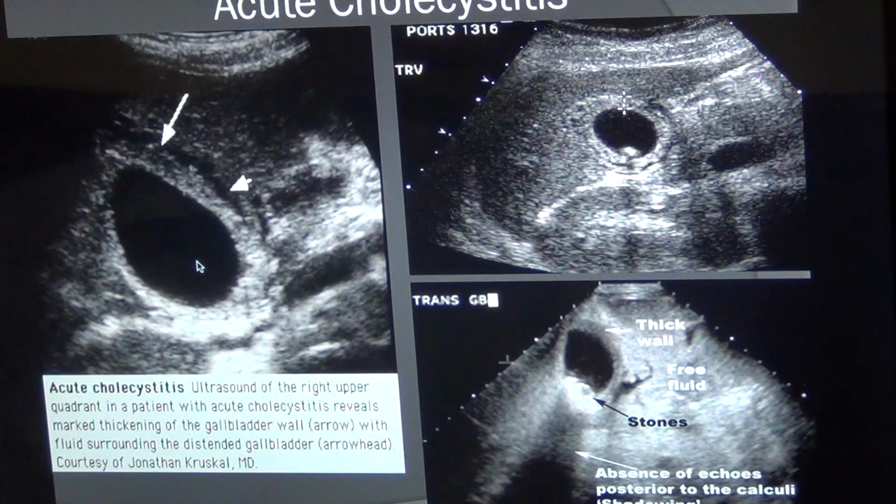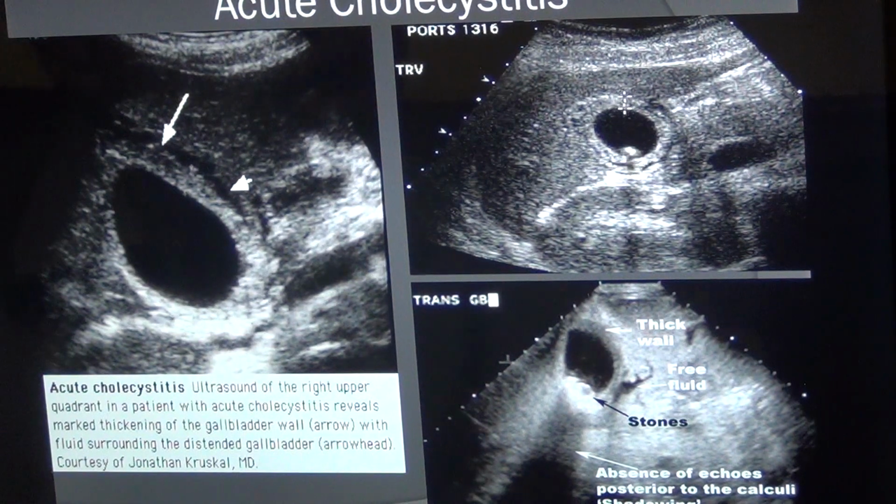So understand that this is the cross section, transverse view. The gallbladder wall is thickened. Here I see multiple stones. Look at here, there is a posterior shadow, but it is not unlikely that you may not get the posterior shadow, because some of the stones in the gallbladder have a different composition, so they may not have the posterior shadow.